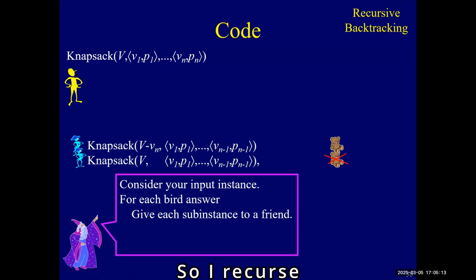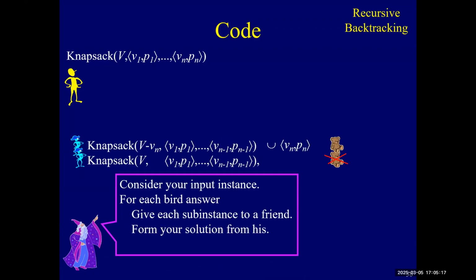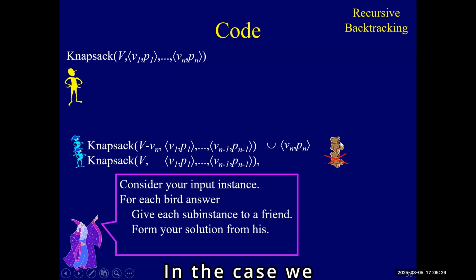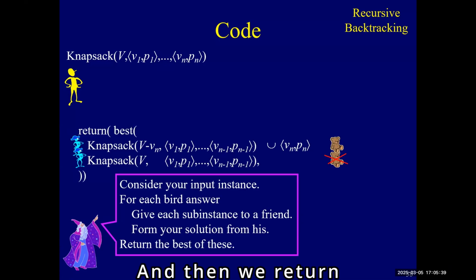So I recurse on these 2. And then what's my solution? If I'm looking for the solution, then my solution is what the first friend takes. In the case we take the bear, we take his solution plus the bear. And if we don't take the bear, we just take his solution. And then we return the best of these.